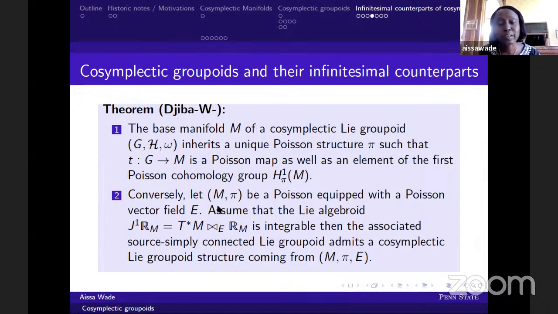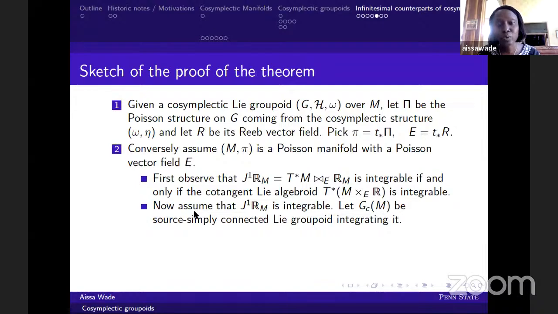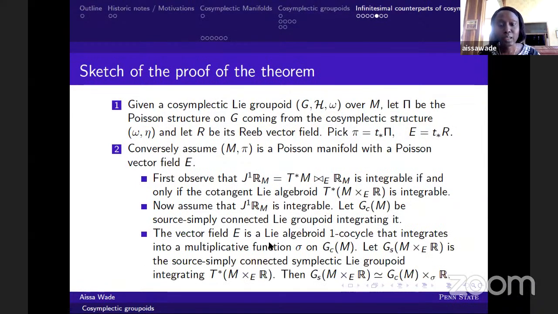So if I start with a Poisson manifold with my Poisson vector field, then the Poisson vector field will be just a one-cocycle. If you integrate, you get a multiplicative function, and a priori this multiplicative function is not trivial; it's not zero a priori.